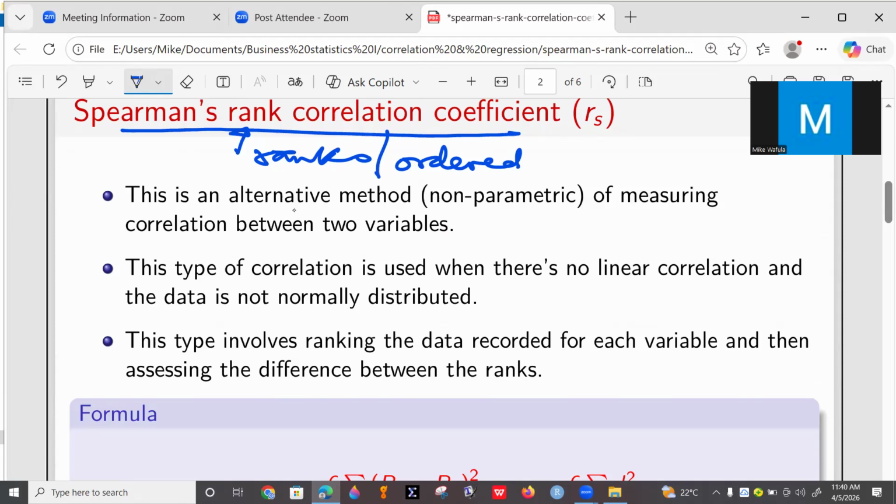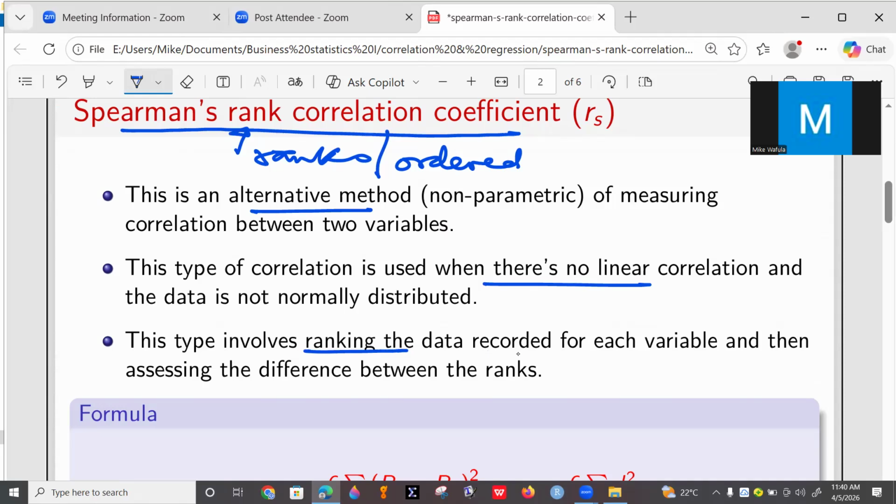This is an alternative method to Pearson because it is non-parametric in nature. It does not have that restrictive assumption of the data being normally distributed, and there's no need for a linear correlation to exist.